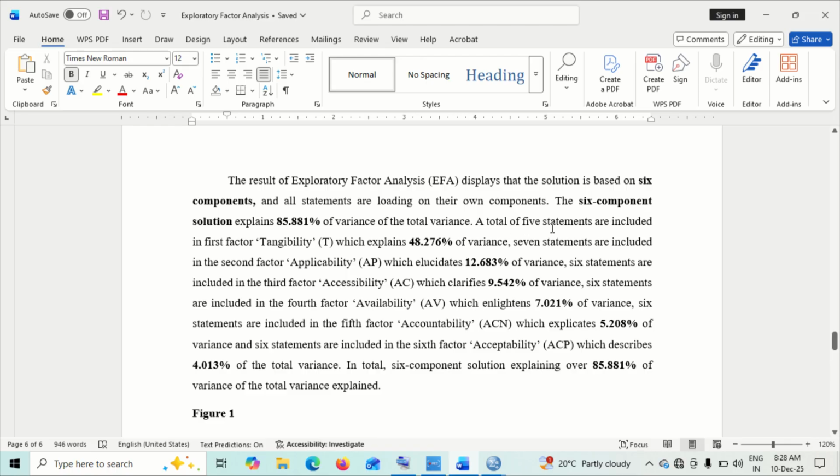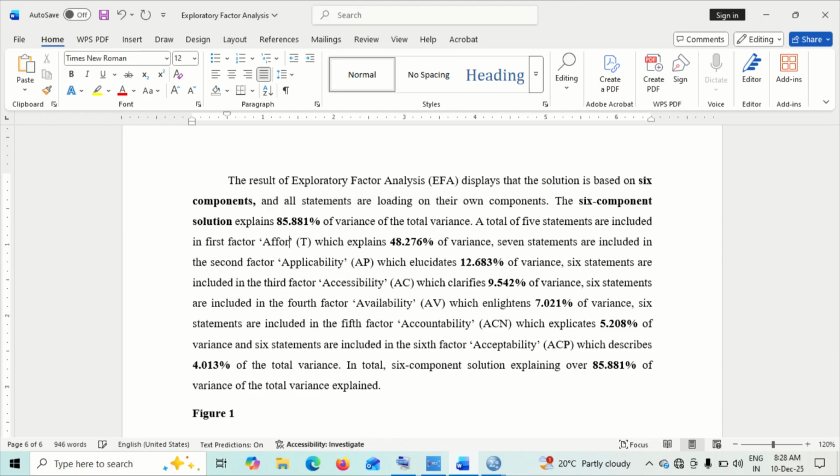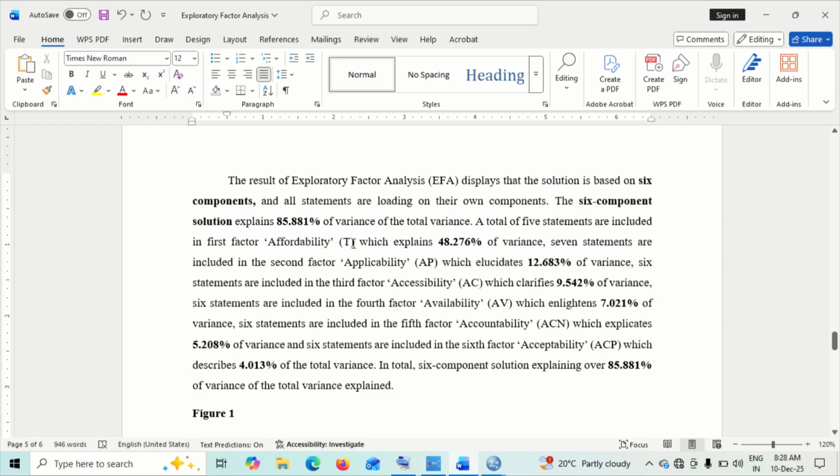A total of 5 statements are included in the first factor, that is affordability. Affordability we have given the code AF, and it explains 48.276% of variance.